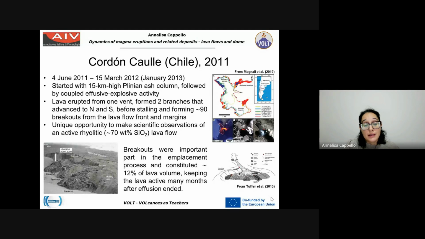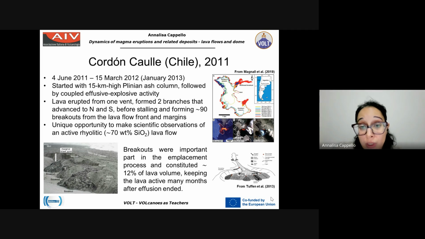But this was a very dangerous eruption because it started with a 15-kilometer high ash column, which was caused by a very explosive eruption, followed by an eruptive activity which was both effusive and explosive.